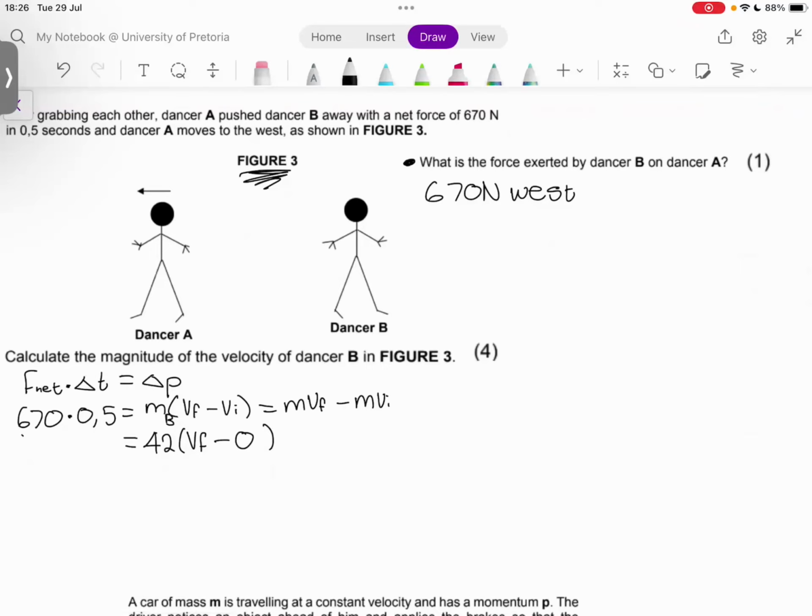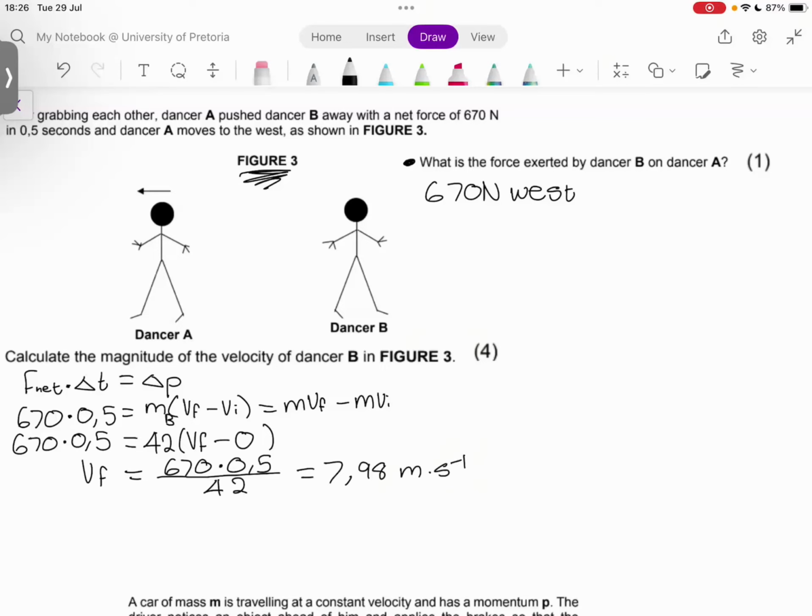So let's get to actually solving this question and getting a final answer. We then end up with vf is equal to 670 times 0.5 all over 42. And that would give us a final answer of 7.98 meters per second.